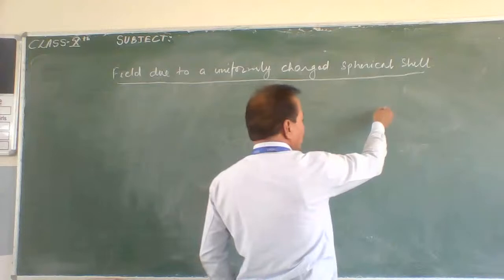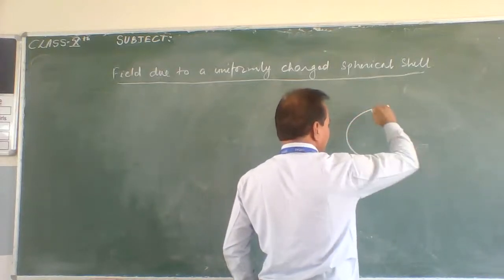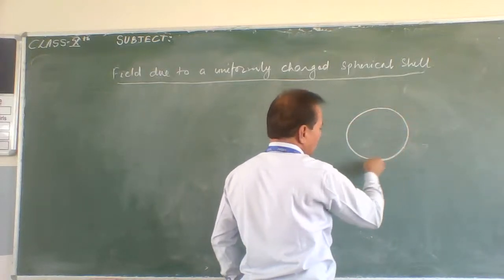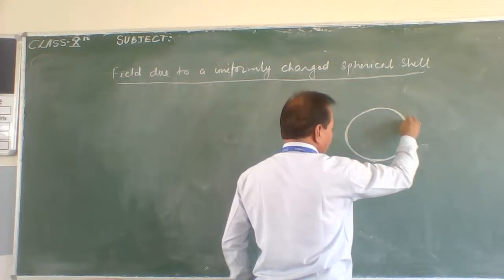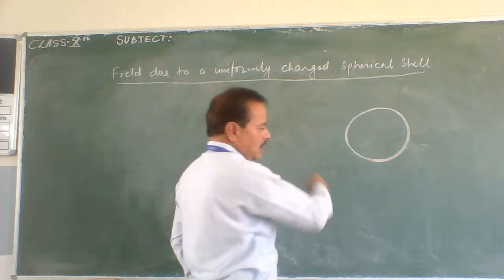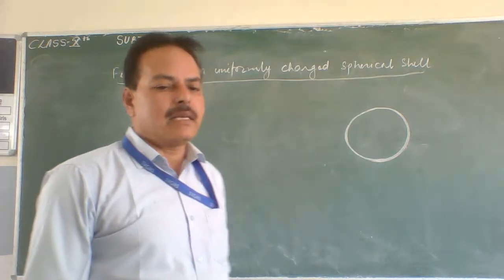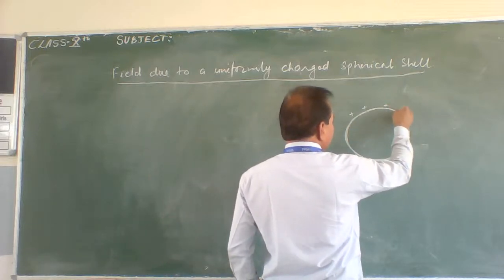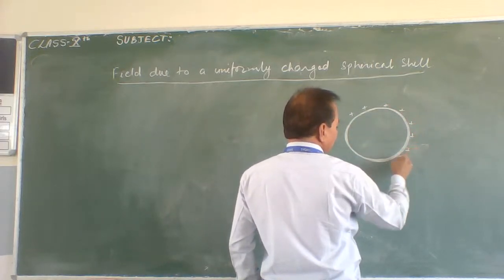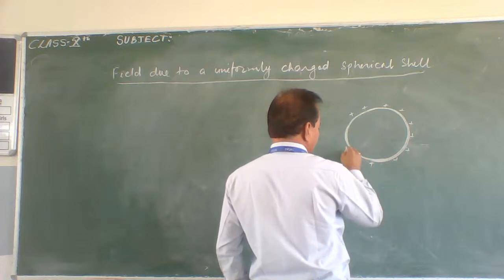Shell means a hollow sphere, just like this one. For this hollow sphere, if it is uniformly charged, that means charge is distributed over the spherical shell like this one.